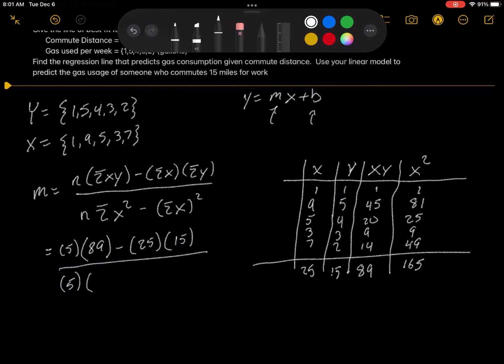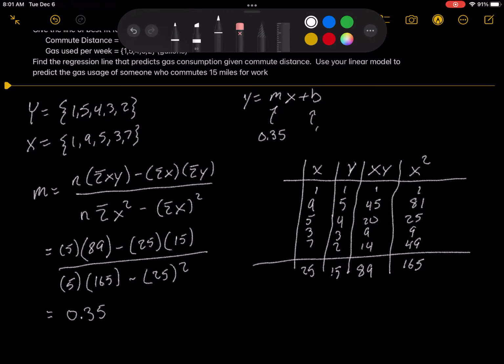The sum of x squareds would be 165. And the square of the summed x's would be 25 squared. So when you do this, you find a slope, and we'll have to estimate here, of about 0.35. All right, so that's our slope, 0.35.